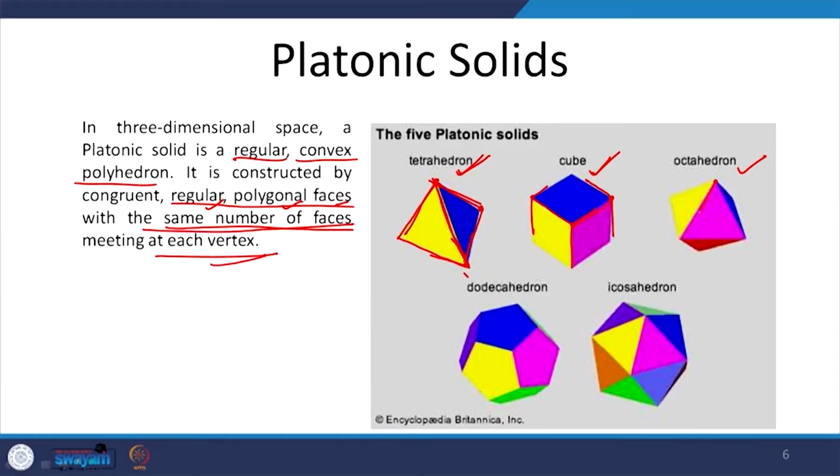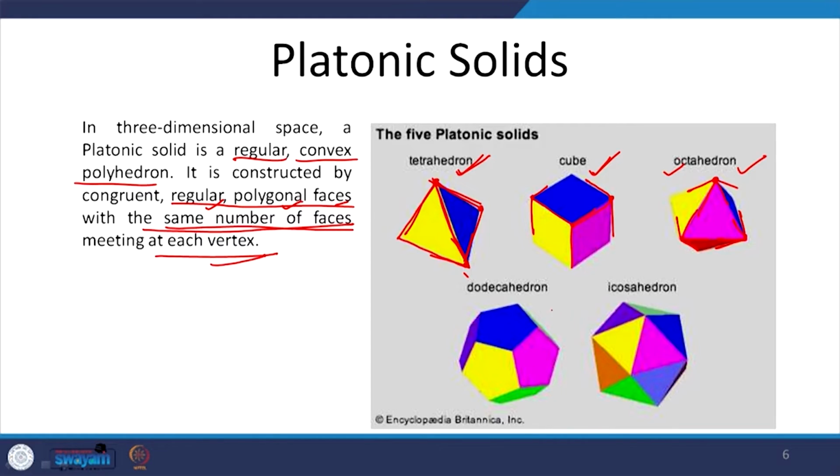If you look at this, we have 1, 2, 3 and 1 at the back. Here you say 1, 2, 3 and 1 towards the bottom. Similarly, here 1, 2, 3 and the 4th at the back. So, at each vertex we have 4 equilateral triangles meeting in an octahedron.